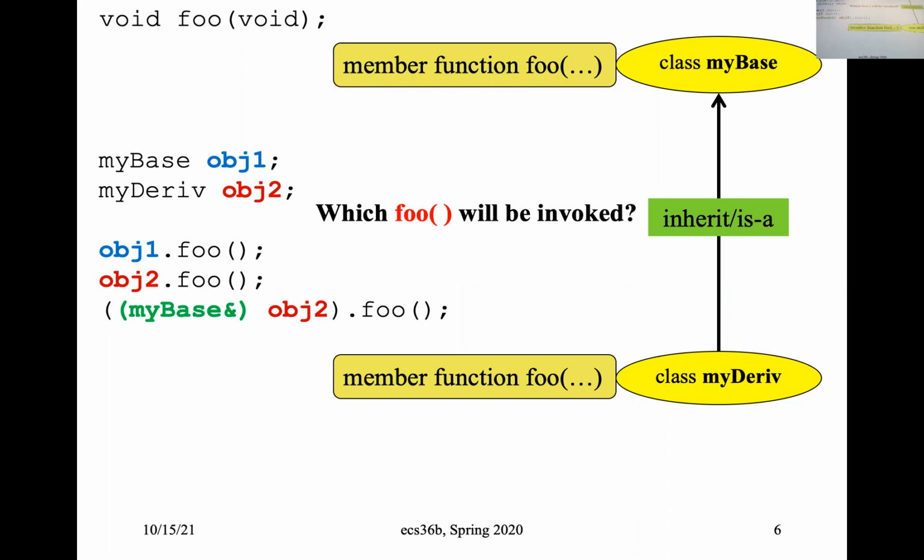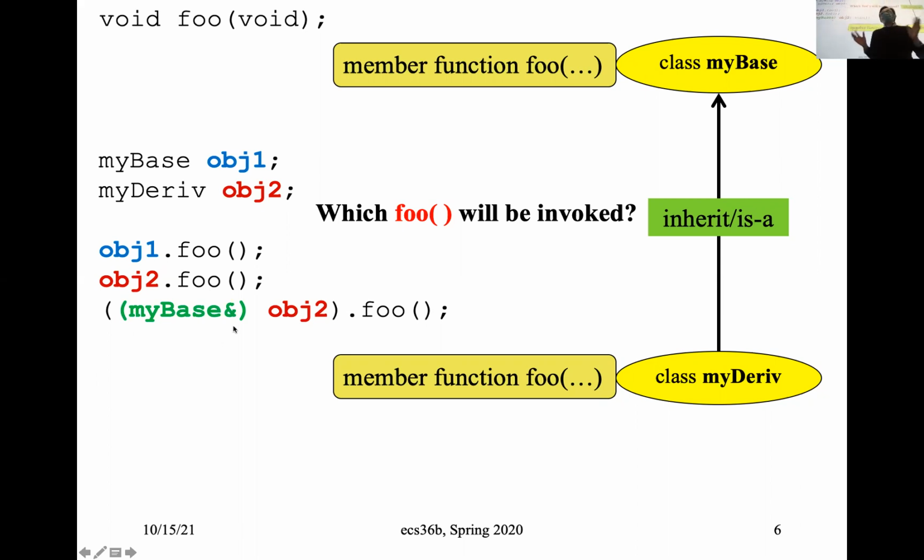The first line creates an object based on the base class, so it's my base, that's a class name, obj1. So basically whatever constructor I'm going to call. And then I create object 2, which is using the child. So I create one based on the base and one based on the derived. And then I call both versions of foo. So that's why I call obj1.foo, obj2.foo.